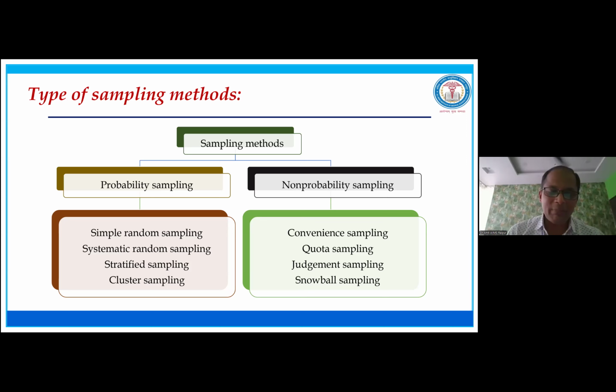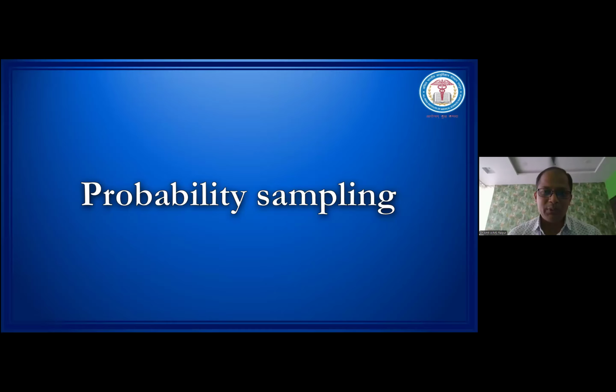In probability sampling, each and every individual in the sampling frame has an equal chance, an equal probability, of getting selected in the sample. But in non-probability sampling, this is not the case. Probability sampling is again of different types: simple random sampling, systematic sampling, stratified sampling, and cluster sampling. We'll discuss them one by one in subsequent slides.